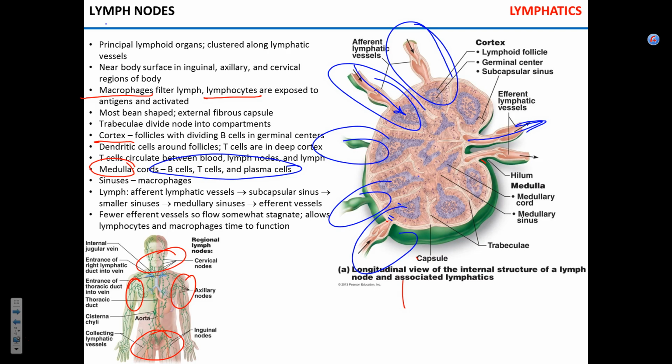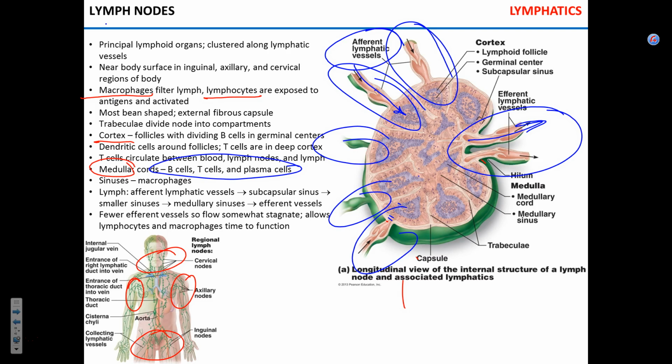Only 2. So you have a bathtub with 5 faucets and 2 drainages. What's going to happen with the water level in that bathtub? Huh? It's going to rise, it's going to go up, right? Does that make sense? So the idea is that more afferent vessels and fewer efferent vessels make the flow through the lymph node somewhat stagnant.